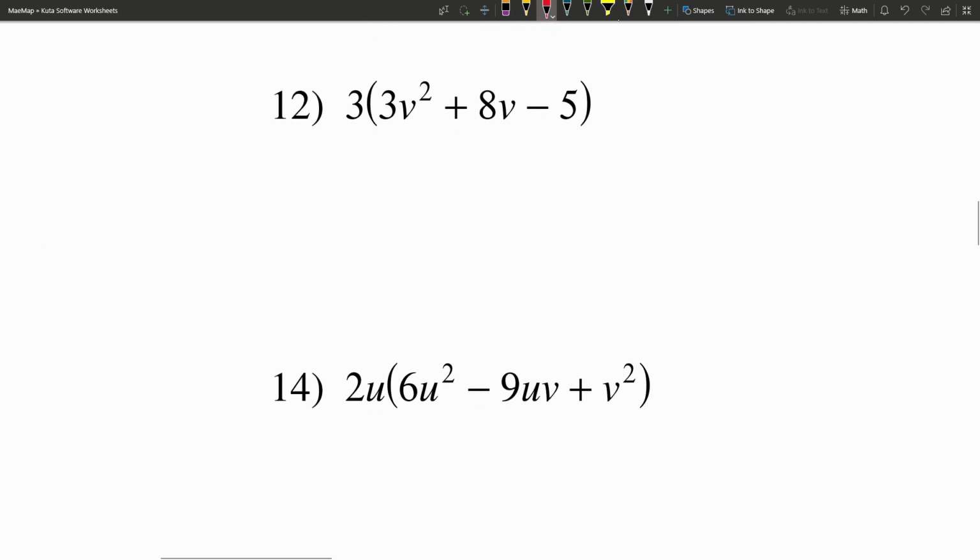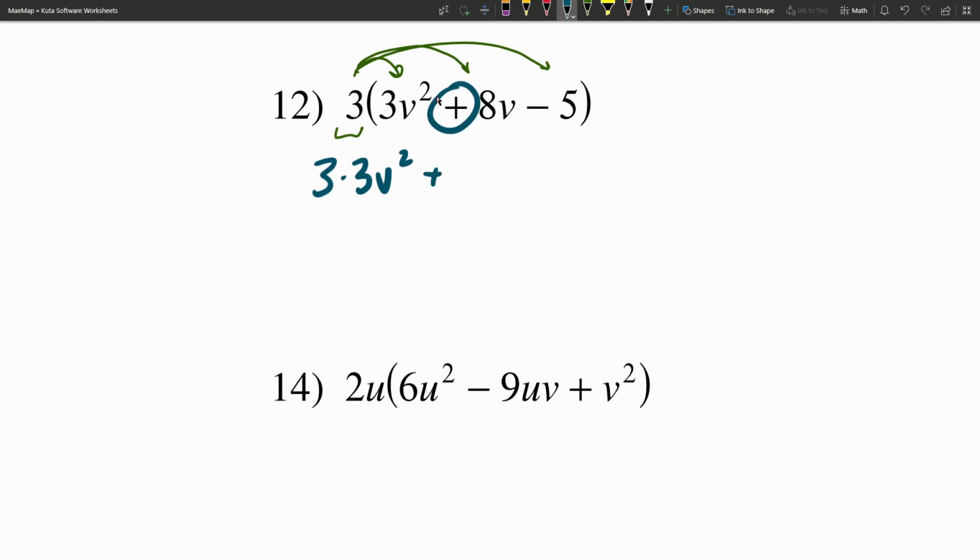we have a 3 out in front, and that's going to get distributed to 3v squared, 8v, and finally 5. So starting with 3 times 3v squared, then we're going to add 3 times 8v, and then we're going to subtract 3 times 5.